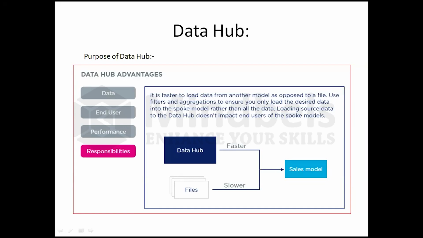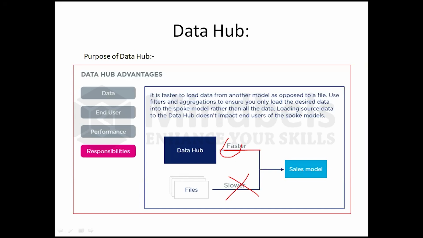Now, how will performance be improved if you are having a data hub? Just think. Here in the diagram, one case is where the data hub is there and you are sending the data to the sales model. Here you are directly using files and sending your data to the sales model. There are two ways, right? But they are saying if you are using the data hub, that is going to be the faster one rather than the slower one.